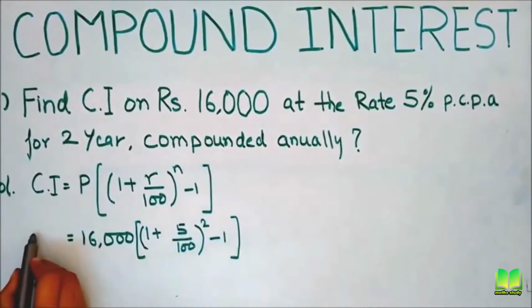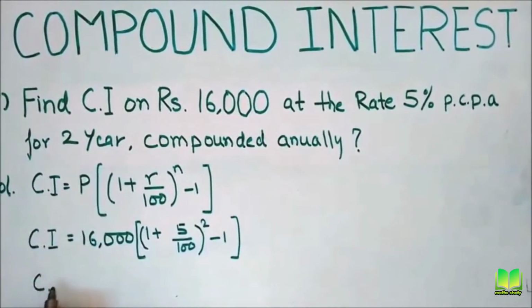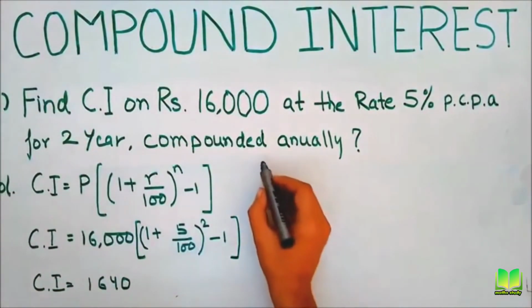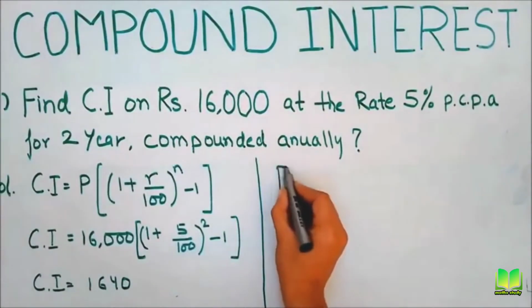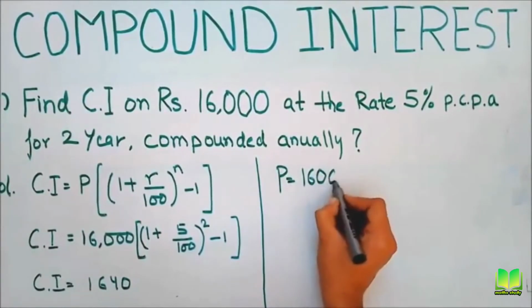If we solve this equation, we will get compound interest equal to 1640. Now we will solve this same question with a short trick. We have given principal equal to 16,000.